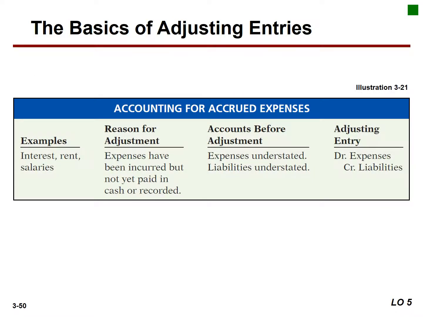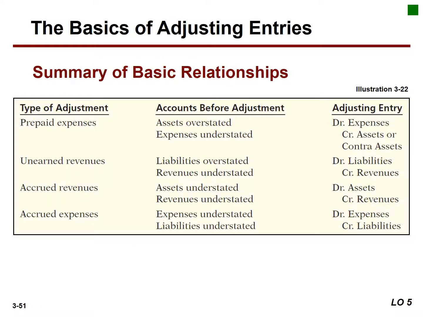Okay, here's a summary of our accrued expenses. Some different examples, why we need to make the adjustment, how our accounts appear before we adjust them, and what our adjusting entry is going to be. Here's a summary of our different types of adjusting entries.